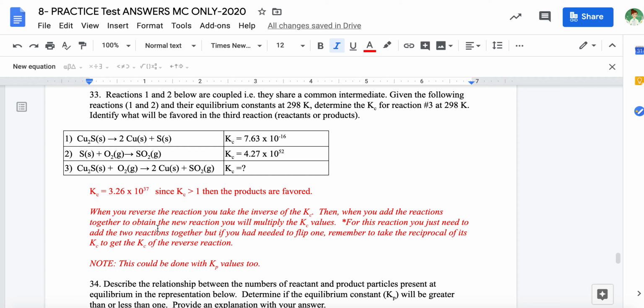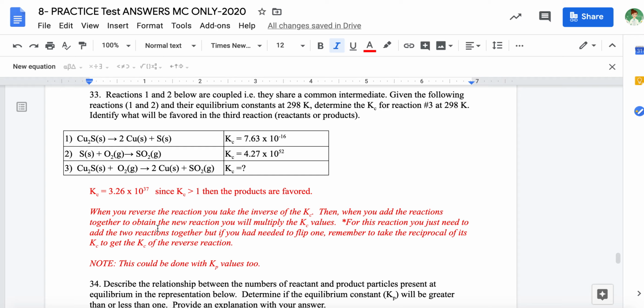So reaction 1, reaction 2, all that we have to do here is add these 2 reactions to get the third reaction. We don't have to do any manipulating. So this one's pretty straightforward.